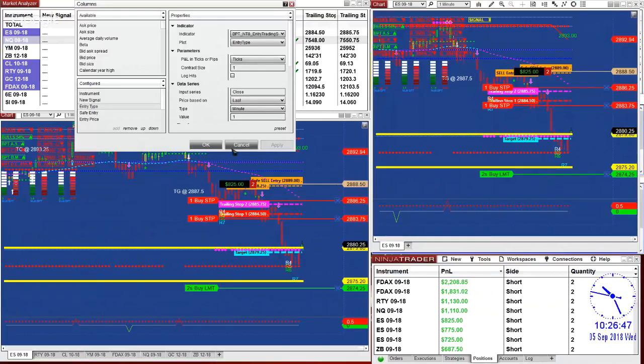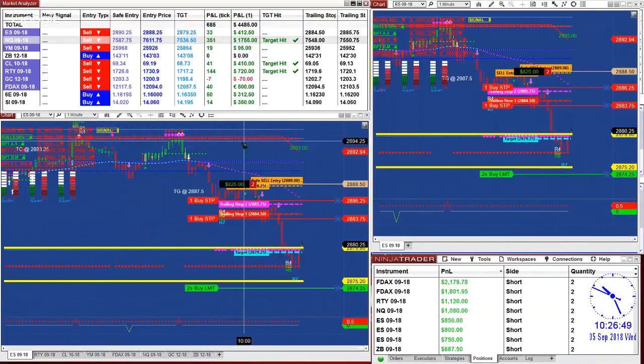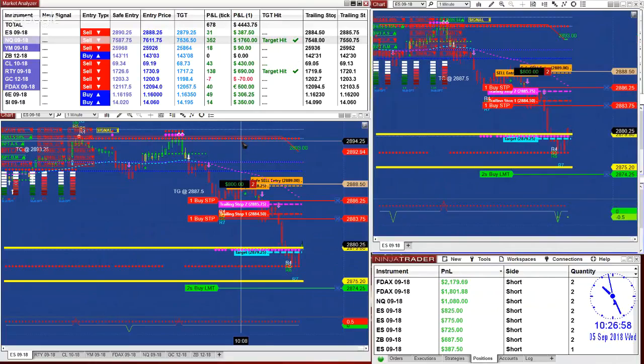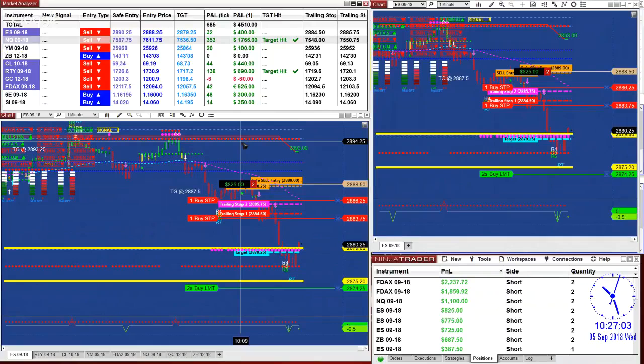Okay, and that is every day, folks. The party on the ES is over, and the party on the YM is over. So this is where you need to close those trades. It is finished. The run is over.